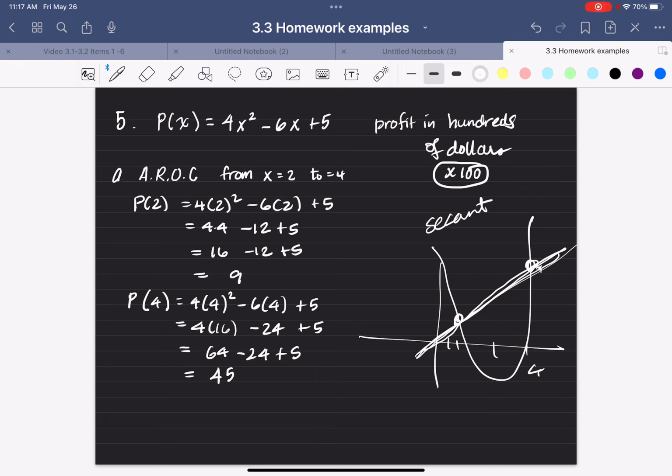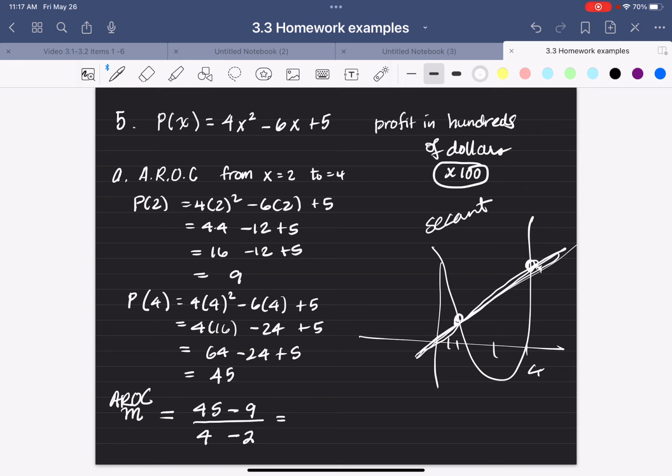So in our numerator for our slope, or our average rate of change, these are interchangeable because they mean the same thing: slope of the secant, average rate of change. Y2, 45, minus Y1, 9, over X2, 4, minus X1, 2. So it's Y2 minus Y1 over X2 minus X1.